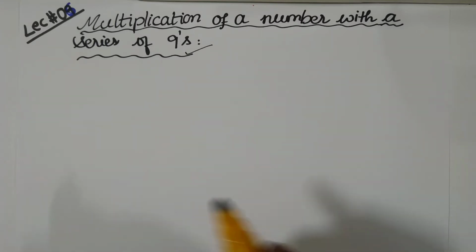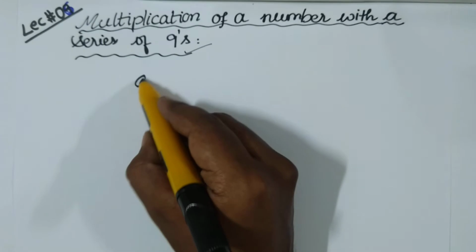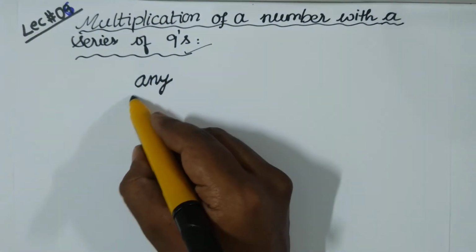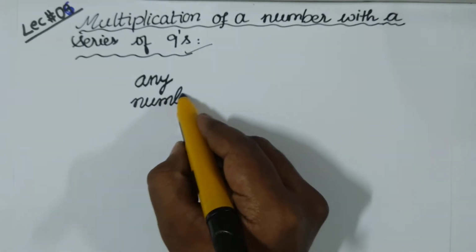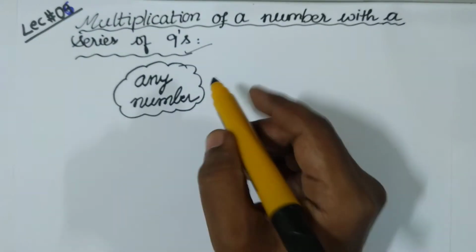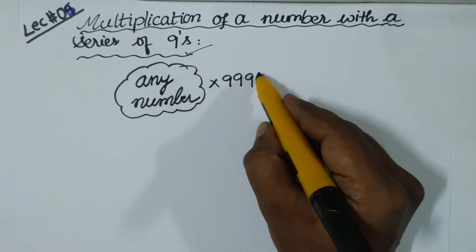For example, you take any number and multiply this by a series of nines.